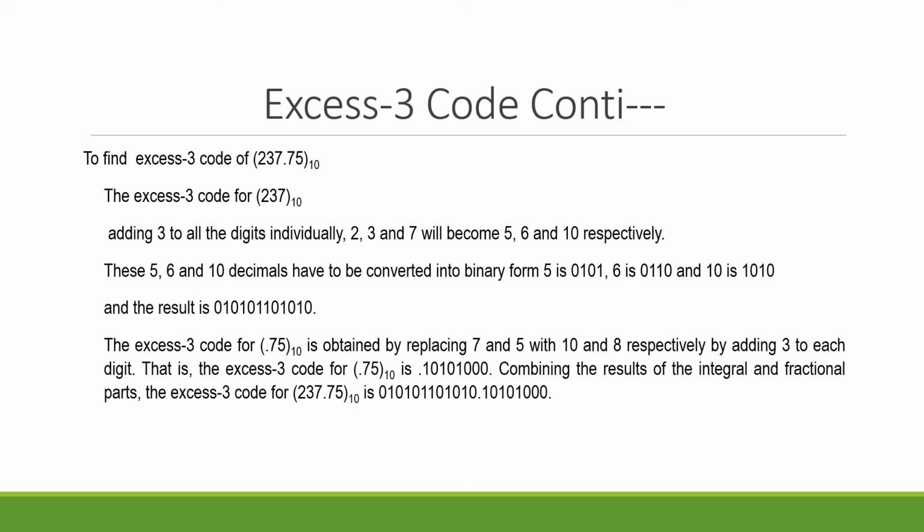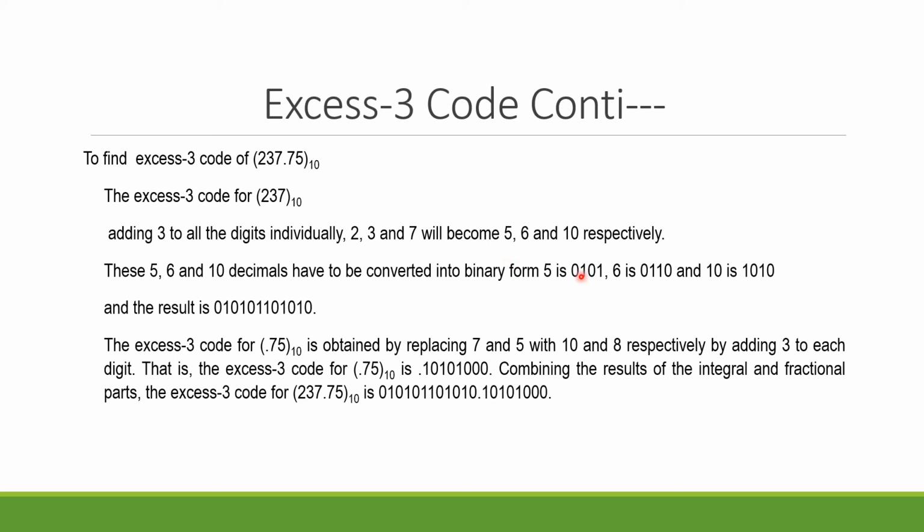Now we try to find the XS3 code for 237.75. That is, we have a decimal point between the digits. So first we will take 237. Again we add 3 to each and every digit, so 237 becomes 5, 6, 10 respectively. Then we find the 4-bit binary number for each digit.